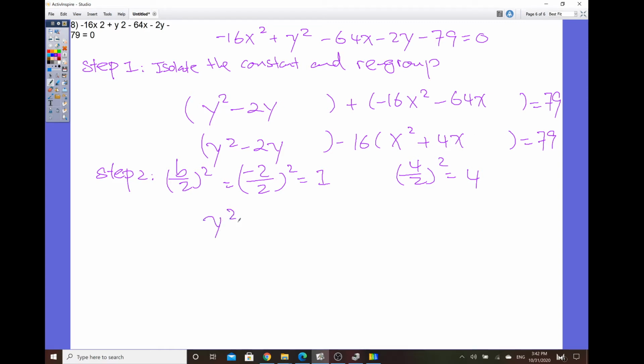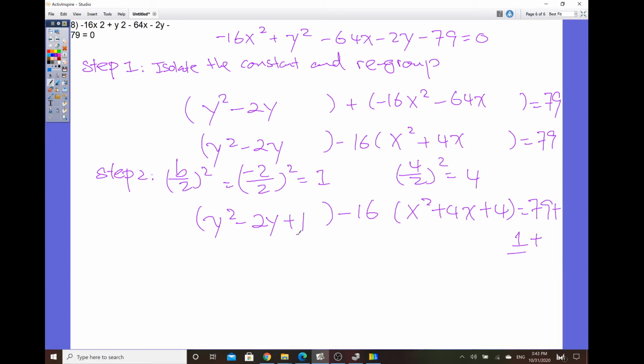So y squared minus 2y plus 1. That takes care of the first group, the y group. And then for the x group, similar: x squared plus 4x plus 4. Now we have to be careful with the number that we're adding on both sides. Check the coefficient. The leading coefficient is 1, so 1 times 1 is 1. So we're adding 1 for the first group, the y group.